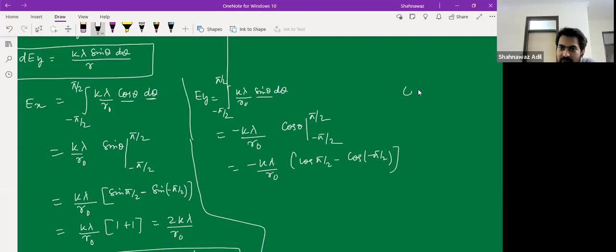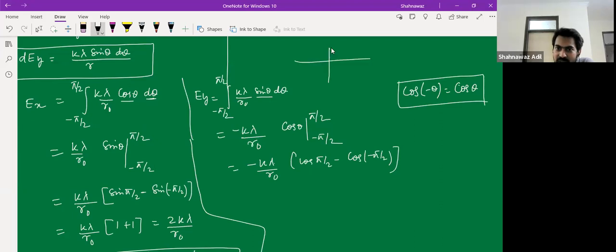And what is cos of minus theta, guys? It is cos theta, not minus cos theta. So this is cos theta.